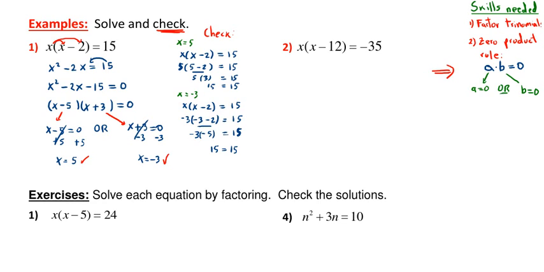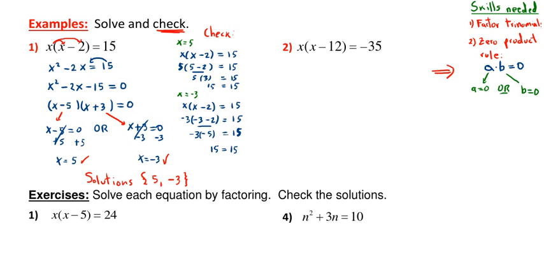So these are the solutions: 5 and -3. This is not a point, so we should not use parentheses here.